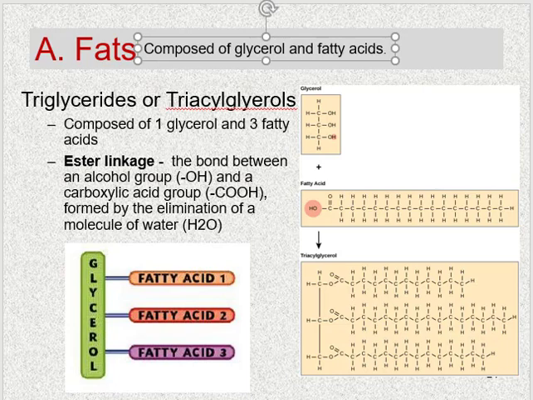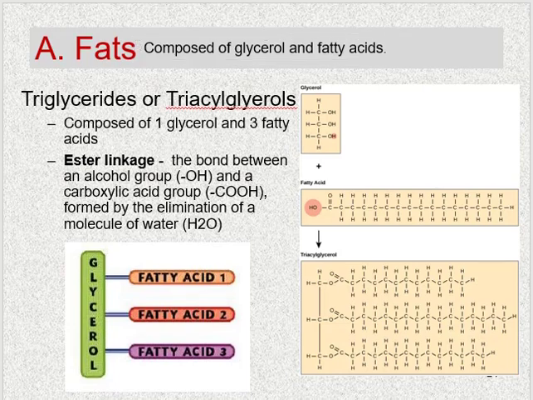The most common are those containing 12 to 18 carbons. The fatty acids attach to each of the glycerol molecule's 3 carbons with an ester bond through an oxygen atom. Because fats have 3 fatty acids attached to a glycerol, they are called triglycerides or triacylglycerols.